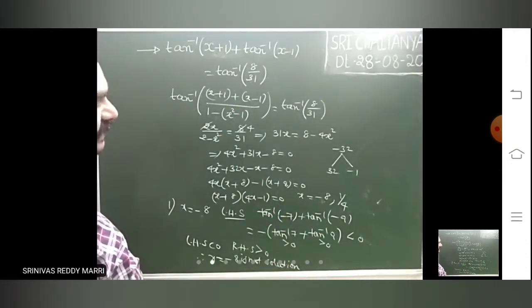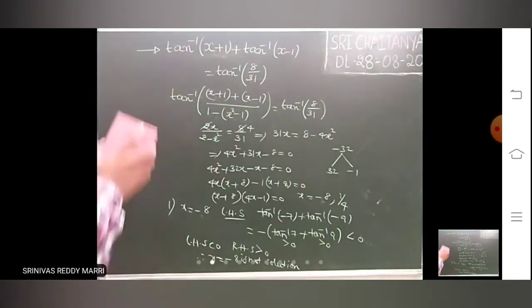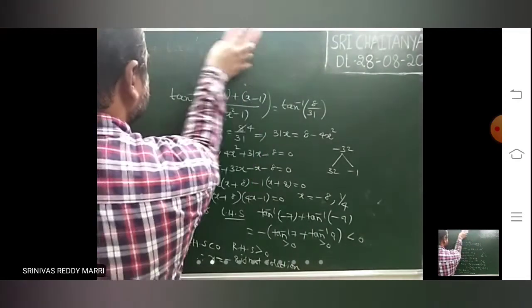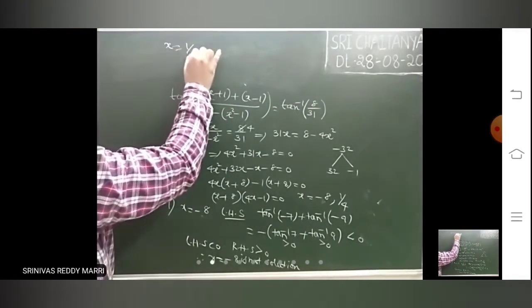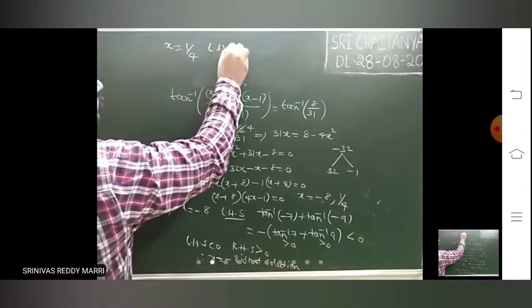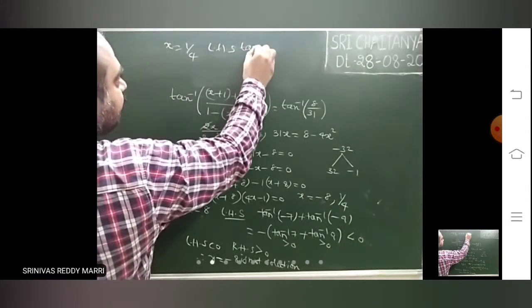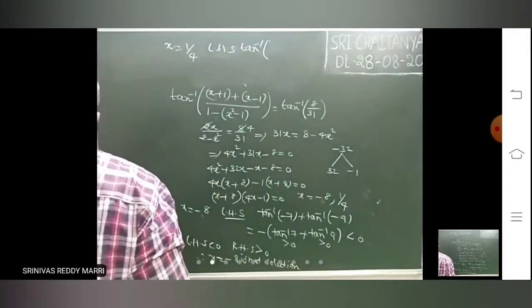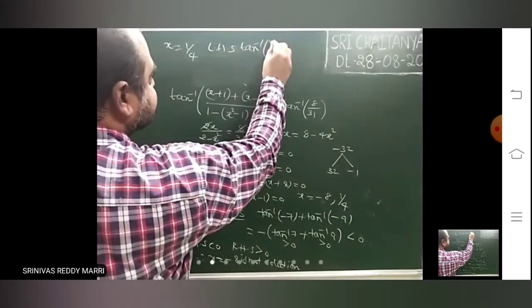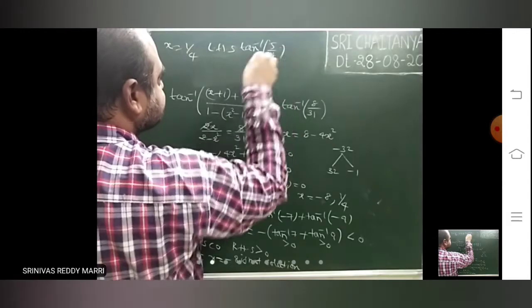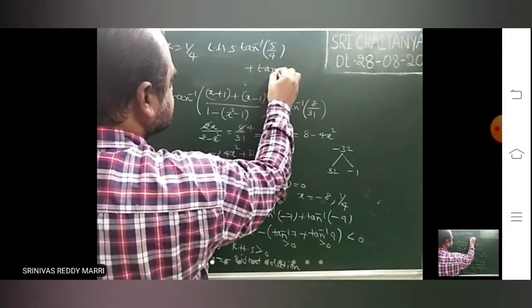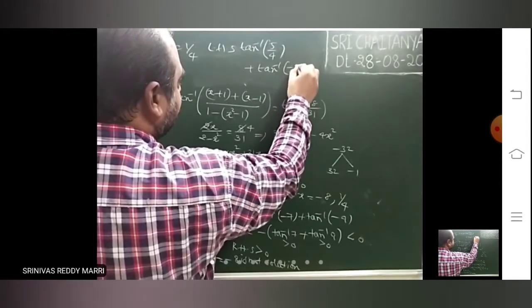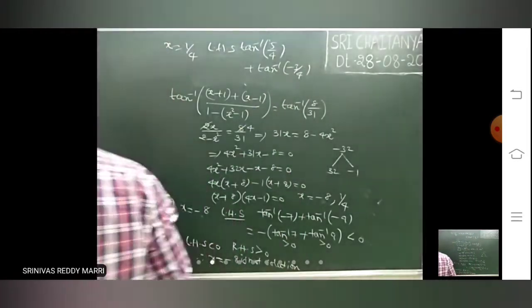Suppose second case, x equal to 1 by 4, you substitute. x equal to 1 by 4. LHS: you look at tan inverse of x plus 1, 1 by 4 plus 1, that means 5 by 4, plus tan inverse of 1 by 4 minus 1, minus 3 by 4.